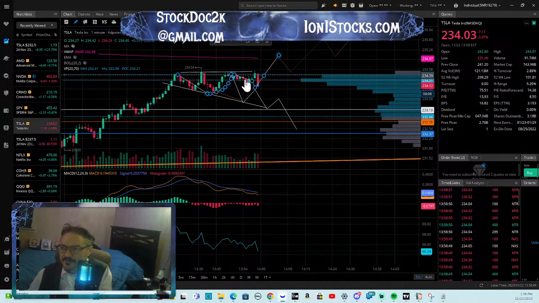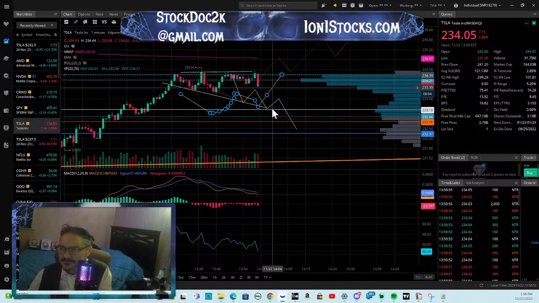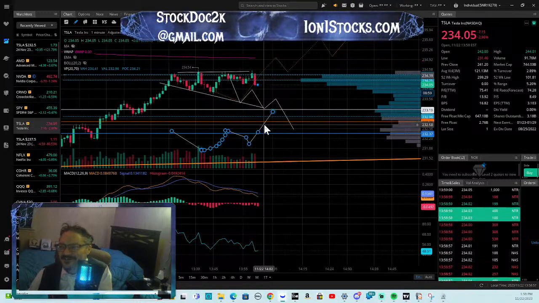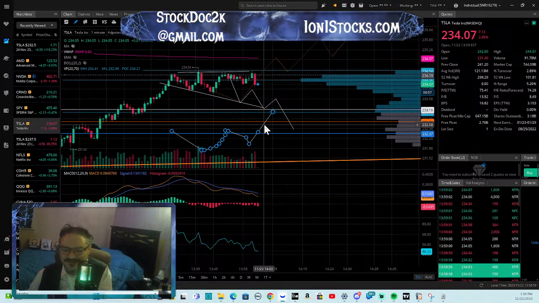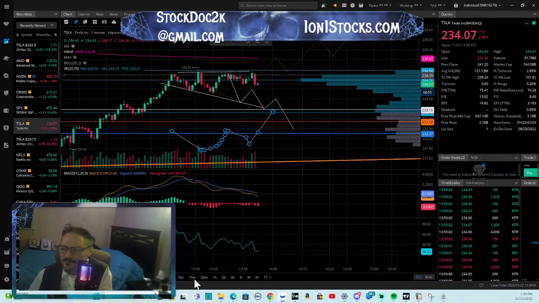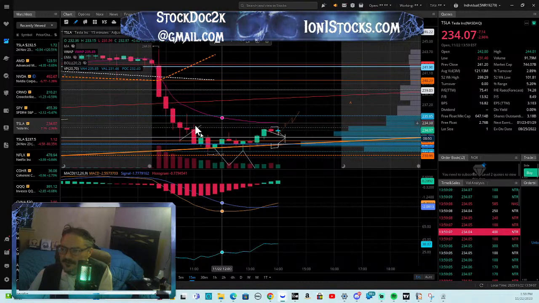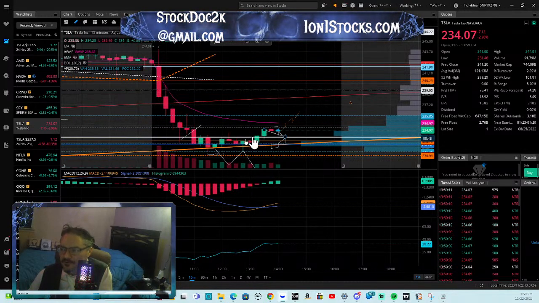It's not the prettiest cup and handle, but it's there. I see the pattern you're talking about. Definitely. Zoom out. What time frame are you looking at? Nice. Pretty bowl. Pretty cup.